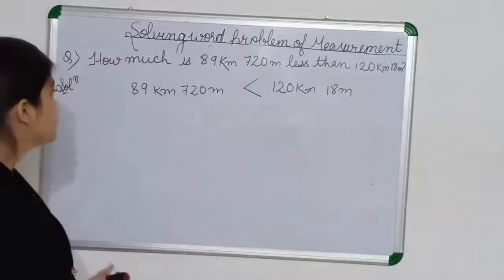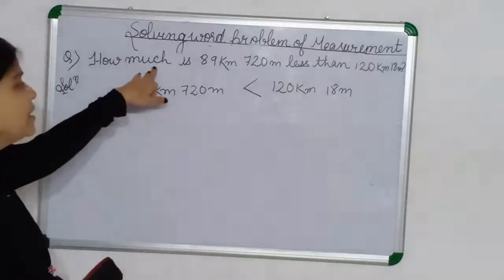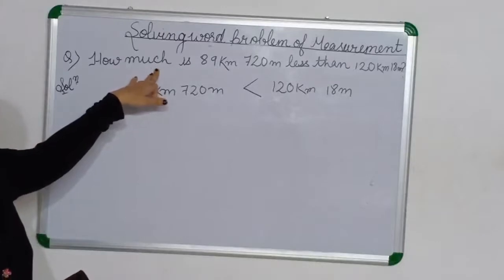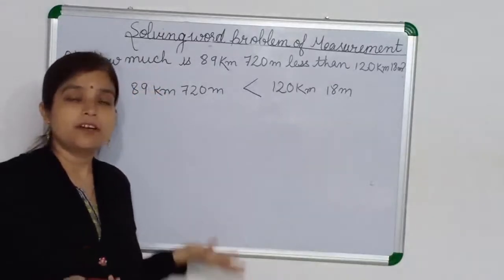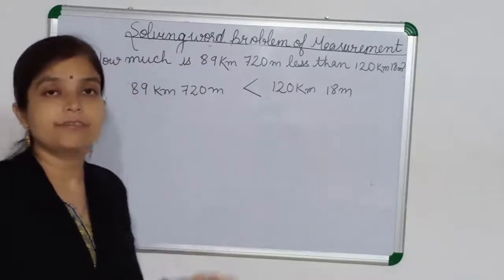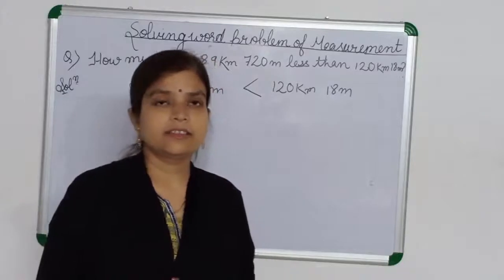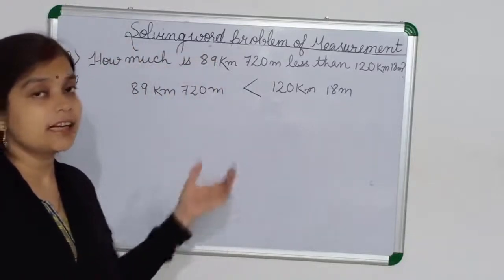Now children, you see here it is asking how much. We know that this is less, but how much less? How much less means asking the difference. That much only is less than that number.